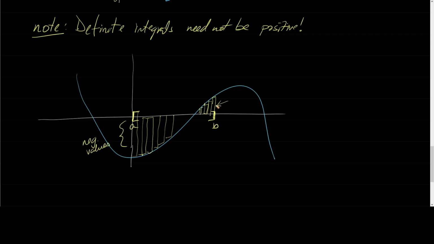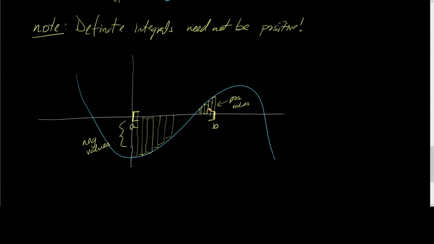The height of each of these rectangles is positive. So these are positive values. But as you can imagine here, this piece right here is bigger in general than this piece. So this as a negative value is going to be much larger on the negative end than this is on the positive end. So overall, this Riemann sum will be negative.